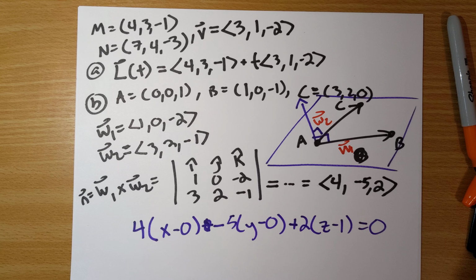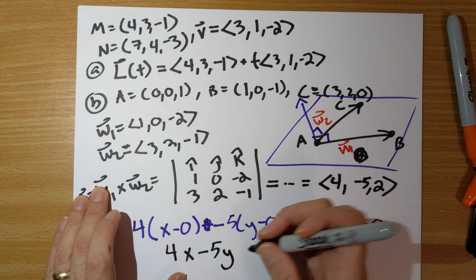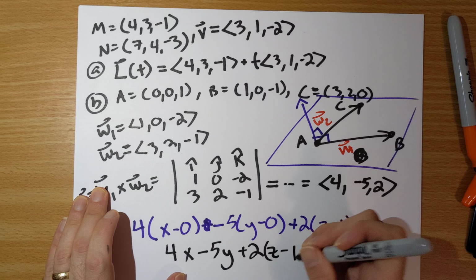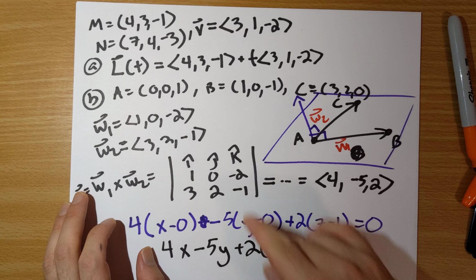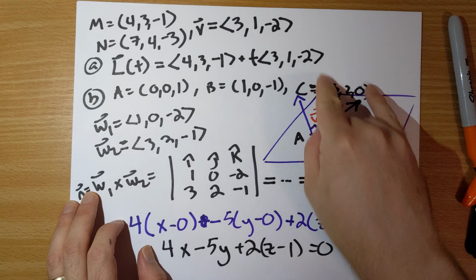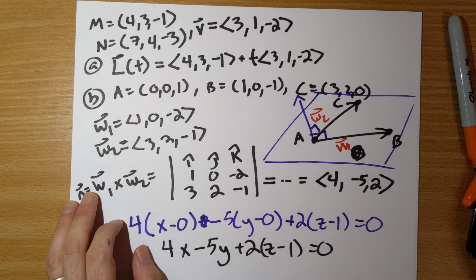If we want to slightly simplify this, this is just 4x minus 5y plus 2 times z minus 1 is equal to 0. Thing for you to check at home: if we plug in B and C into this equation, we should get 0. Everything should check. It should satisfy the equation.